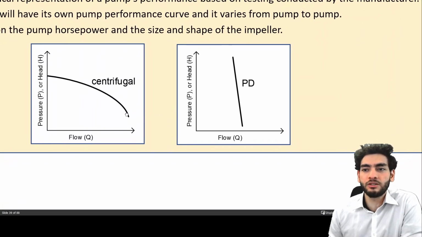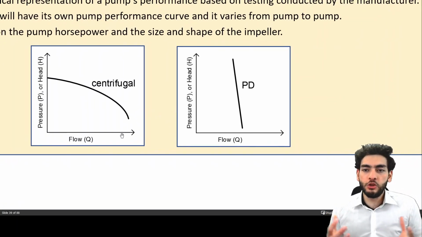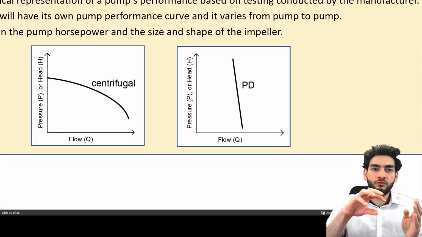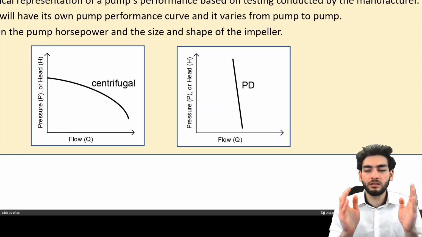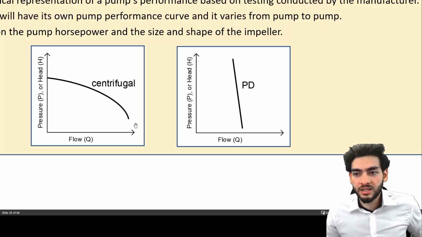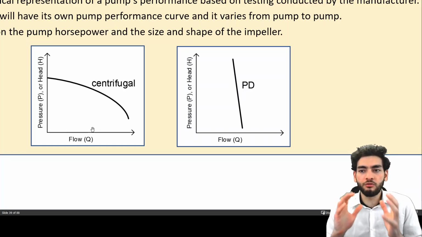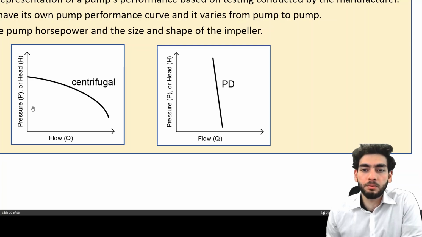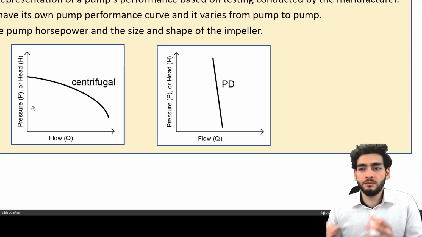And so you could see right off the bat, if you have a process where you're going to be fluctuating the flow rate, or you want it to operate at a range of flow rates, then you're better off purchasing a centrifugal pump where you could change the flow rates. It comes at the expense of the pressure that the pump can deliver.